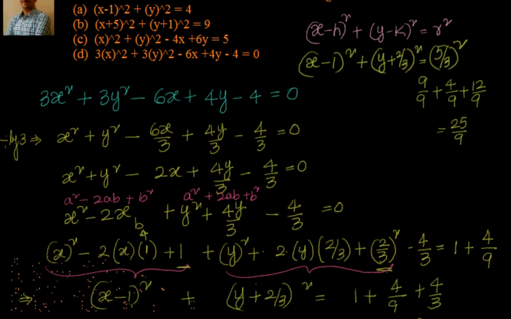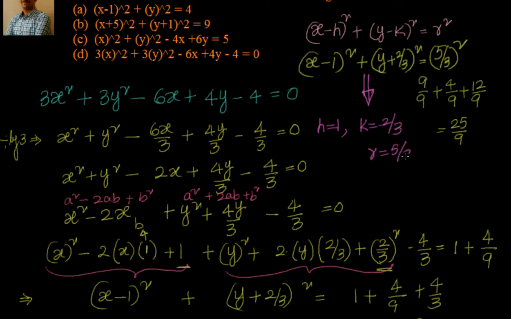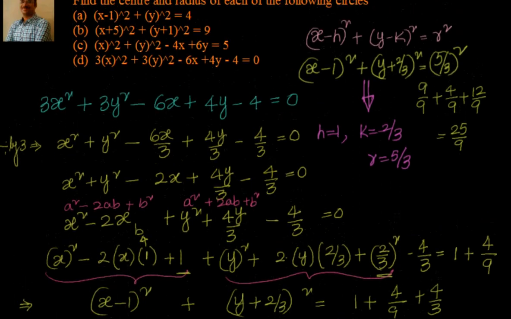If you compare them, you can see very clearly h equal to 1, k equal to minus 2 by 3 and r is equal to 5 by 3.